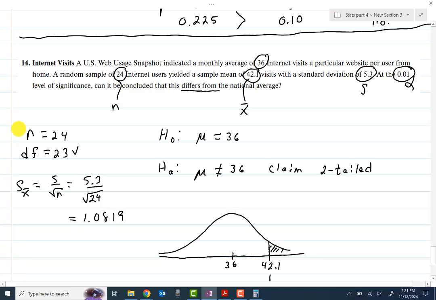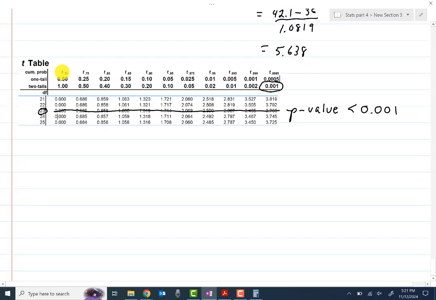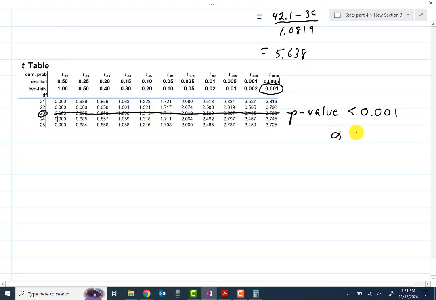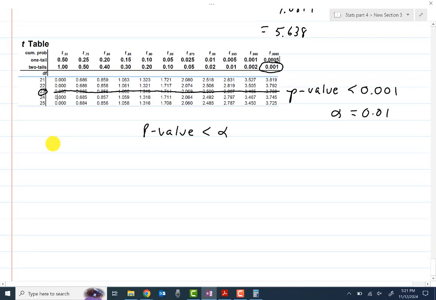The alpha was 0.01. So alpha is 10 times the size of 0.001, and even that's bigger than p. So the p-value is most definitely less than alpha. That means that we reject H naught.